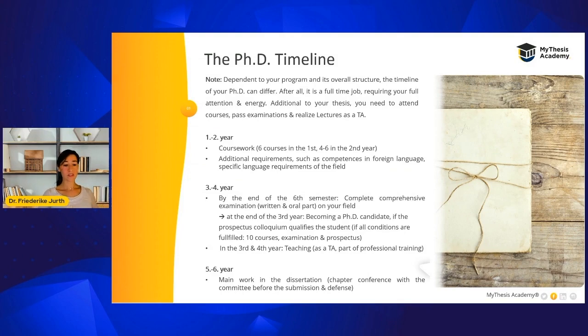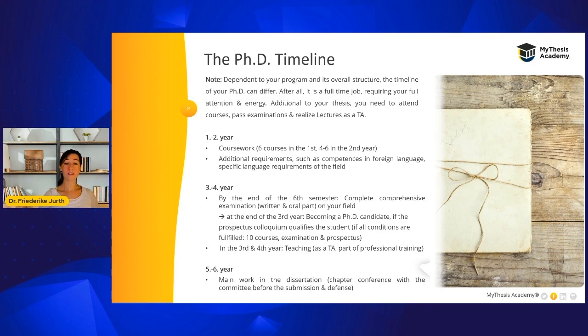The 3rd and the 4th year are reserved to complete the comprehensive examinations, where there's a written and an oral part on your field. This is more or less by the end of the 6th semester, when you have to complete these examinations.